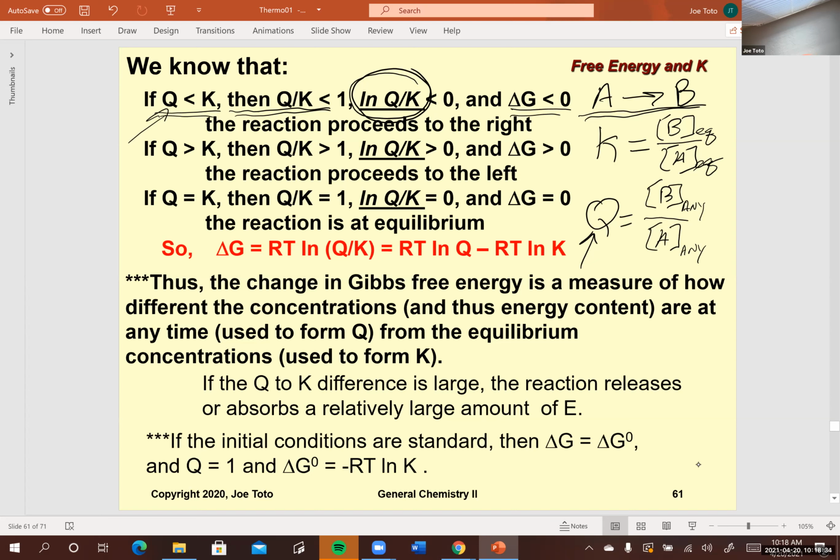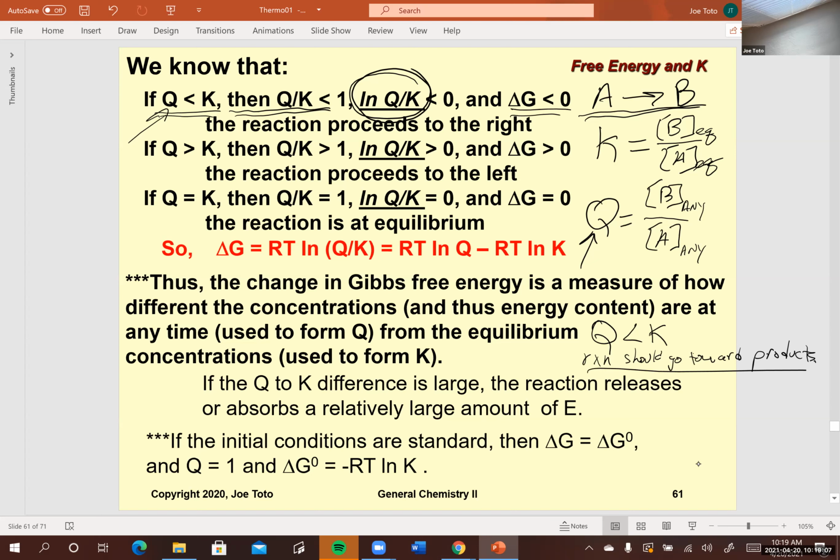Because we know that when Q is less than K, there's not enough product compared to equilibrium, and the reaction should proceed to the right.